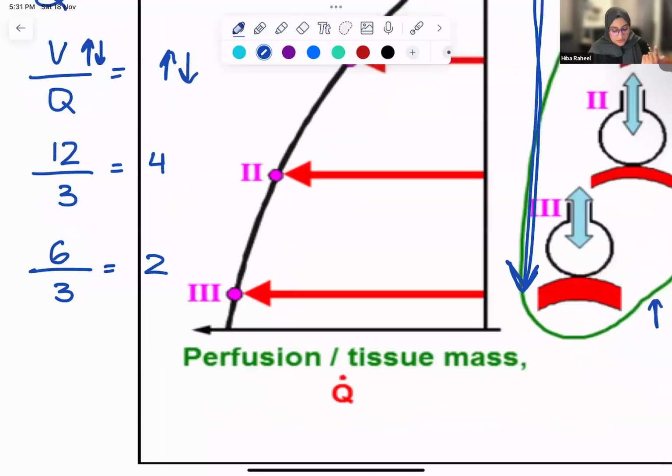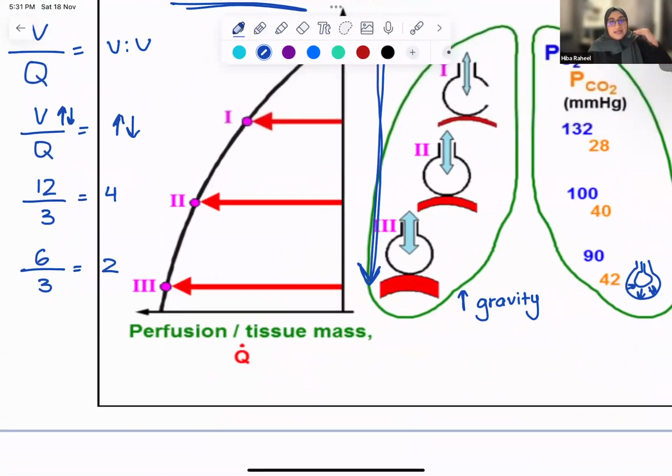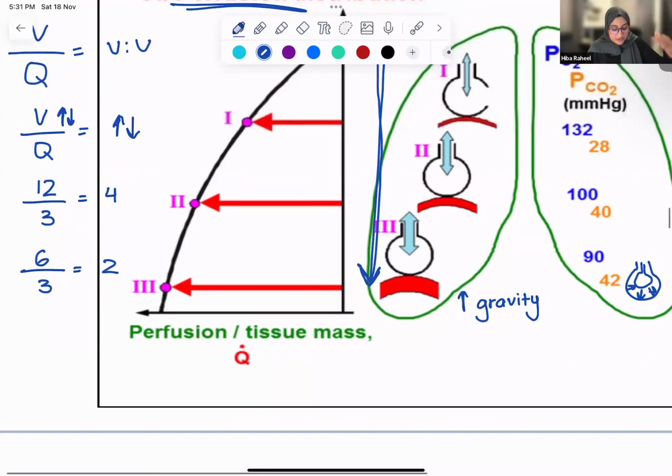So what does that tell you? It tells you that as the ventilation increases, the VQ ratio increases, okay? Which means that as the oxygen is high, the carbon dioxide is low because the person has high ventilation. Remember, ventilation means bringing in oxygen. Perfusion means removing the carbon dioxide because carbon dioxide is in the blood.